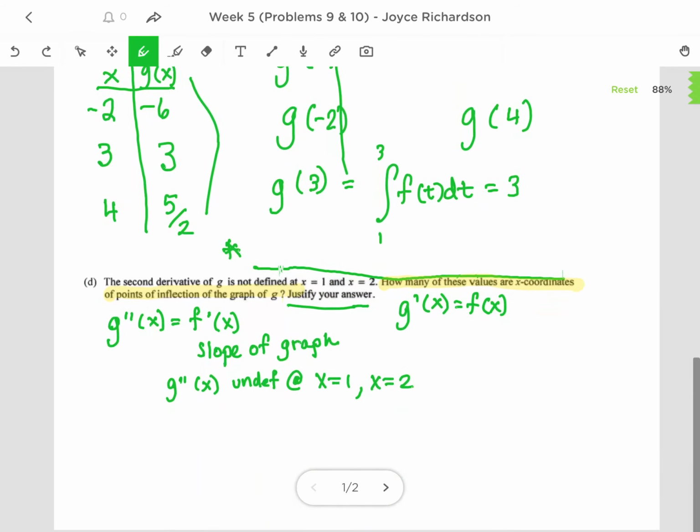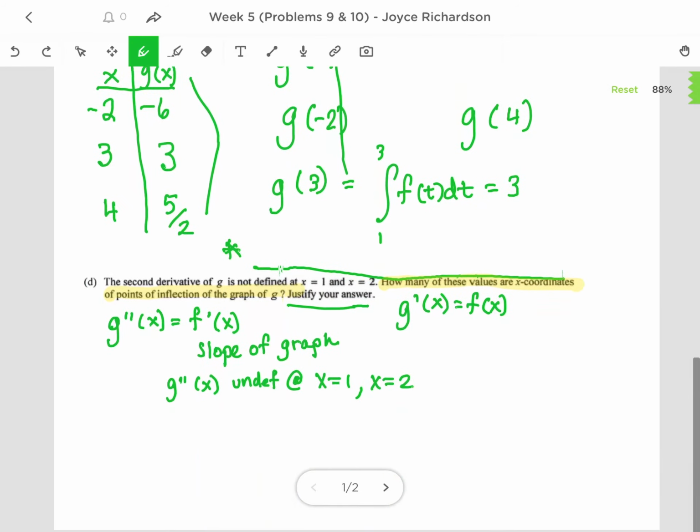So g double prime of x is greater than 0 on -2 to 1. And then g double prime is less than 0 on 1 to 2.